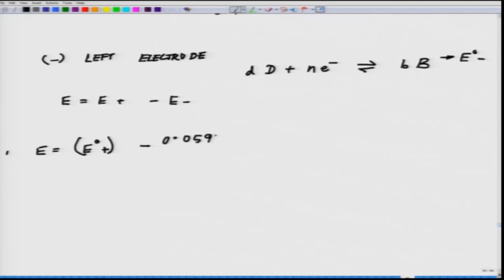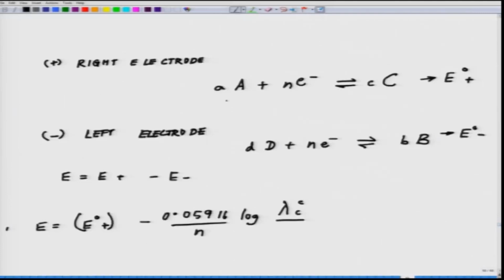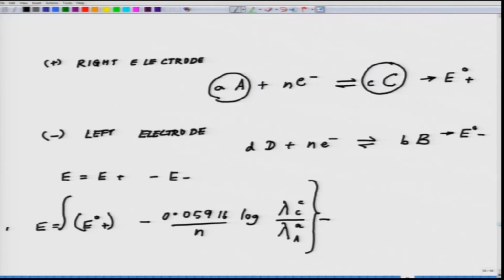I am not deriving it further because you already know this, divided by number of electrons, log base 10 of C. So essentially I am writing this part, this term and this term is coming there, A, minus, put the big brackets there, minus, you have the second term which is the left electrode now coming into play, which is the minus electrode, E0 minus.